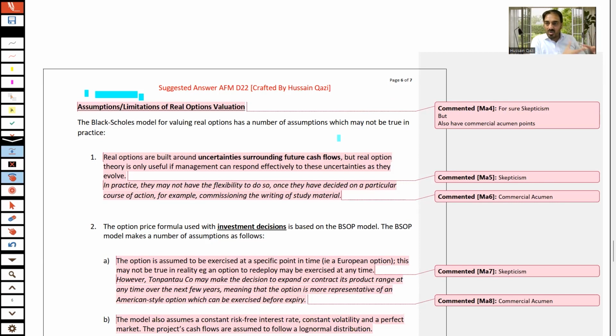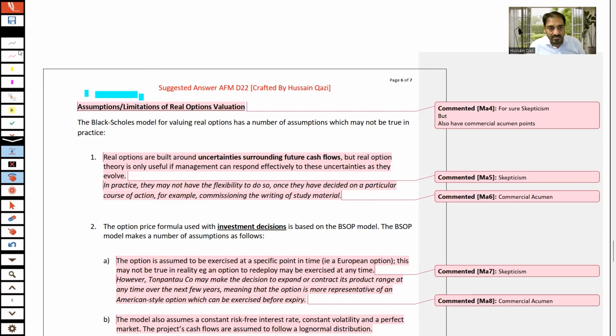Discussing limitations or assumptions is always about challenging the information and challenging the models. That's called skepticism. But once you are explaining the skepticism, simultaneously you can add the commercial acumen point. For example, if you mention any assumption, explaining the assumption is the skepticism point, and if this point is connected with the case, that's called commercial acumen.